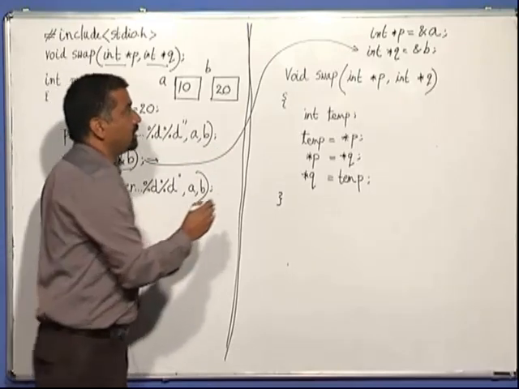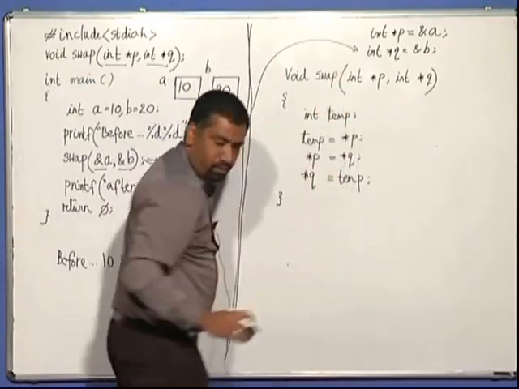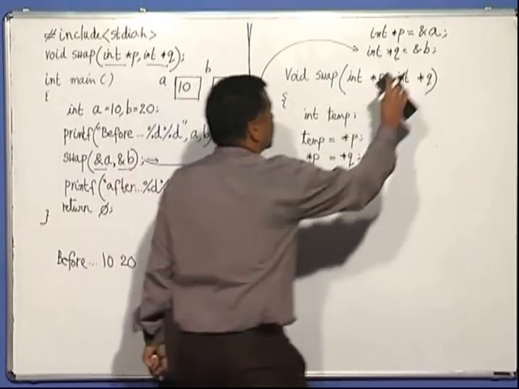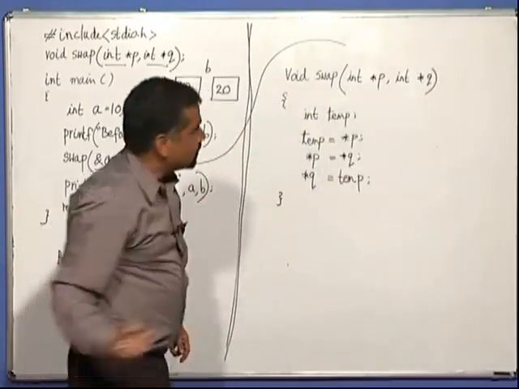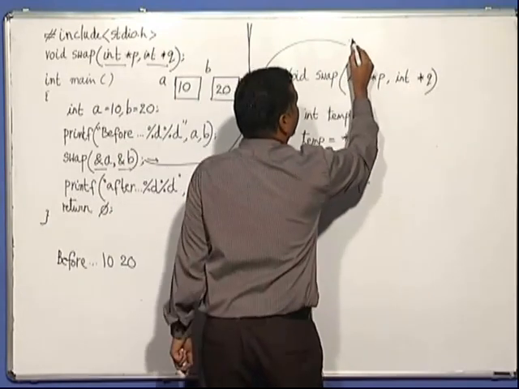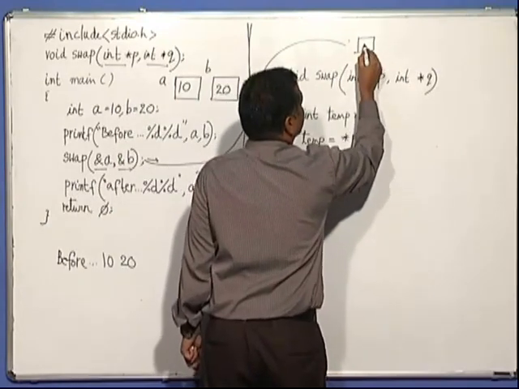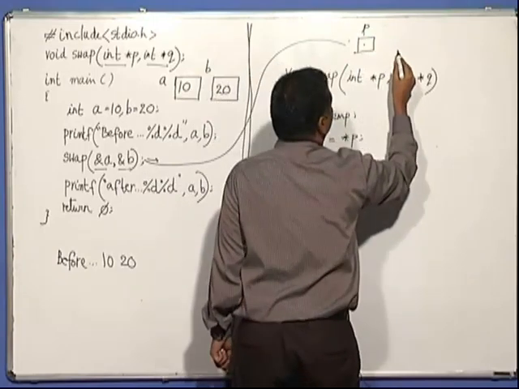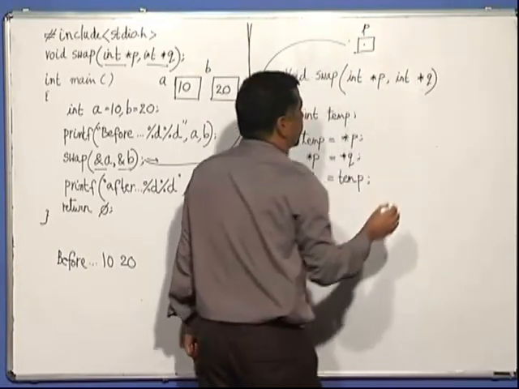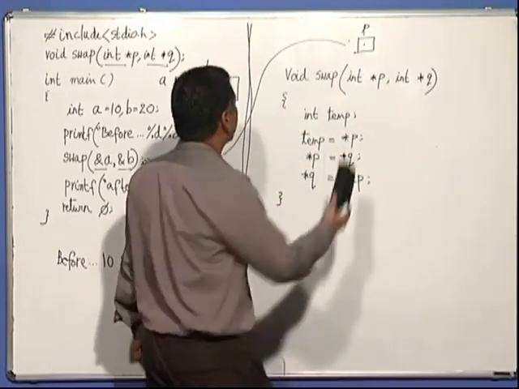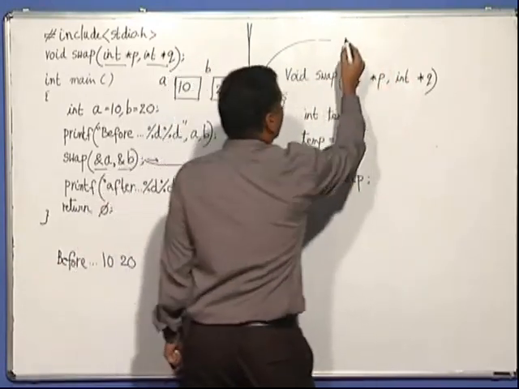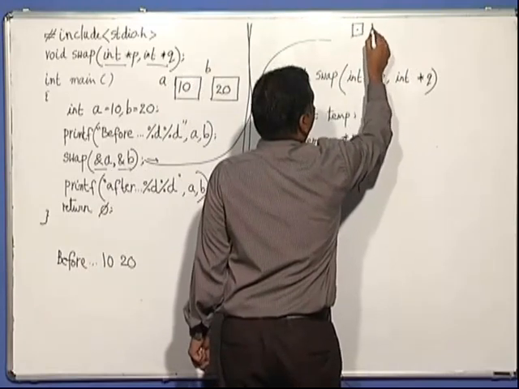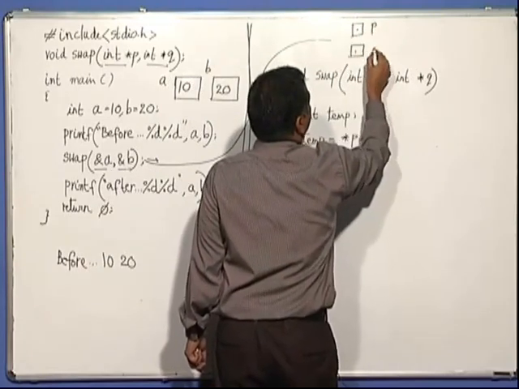So we can now imagine this P and Q as pointers declared on this side here, P here, Q here.